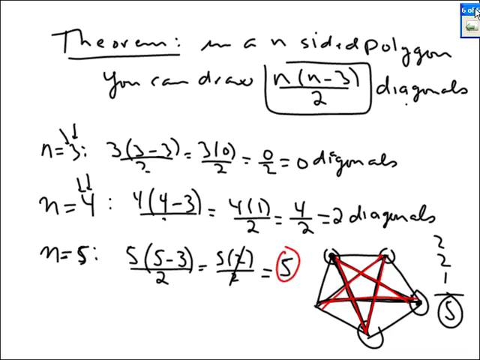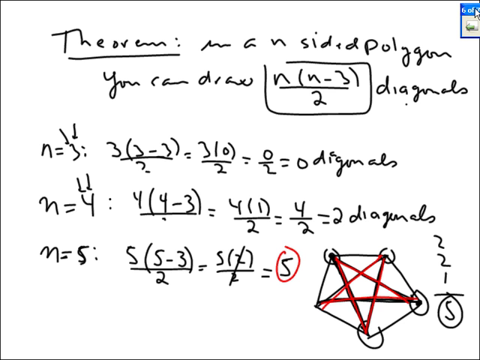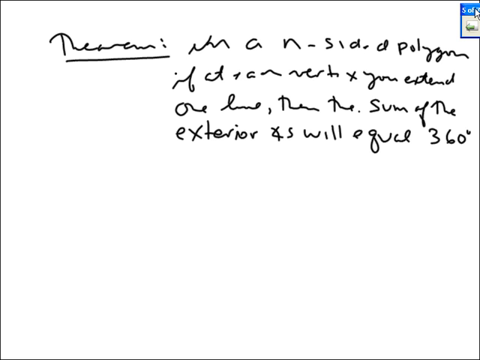Okay, so basically, when it comes to polygons, you have these 3 theorems. The one about the exterior angles: from each vertex, you extend just one line, and those exterior angles will always add up to 360.